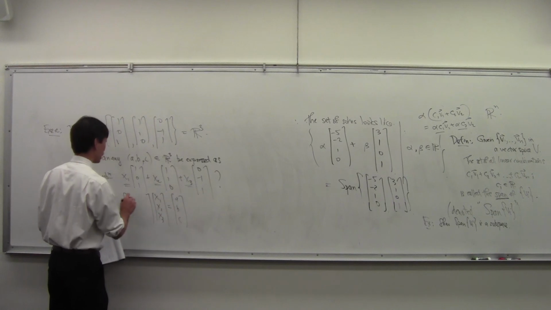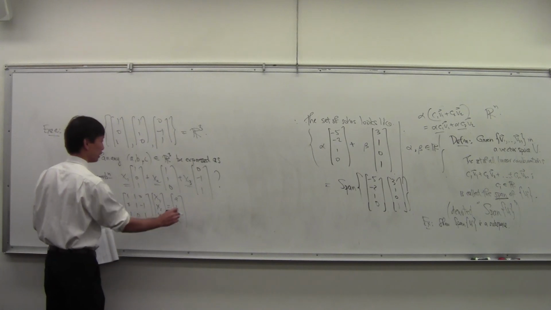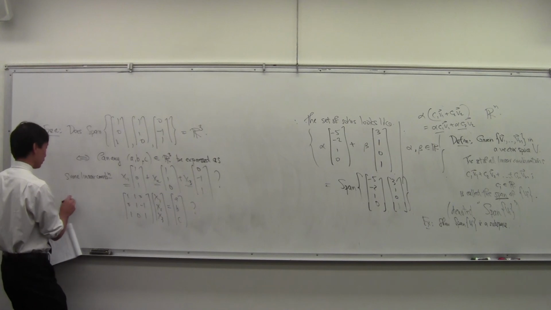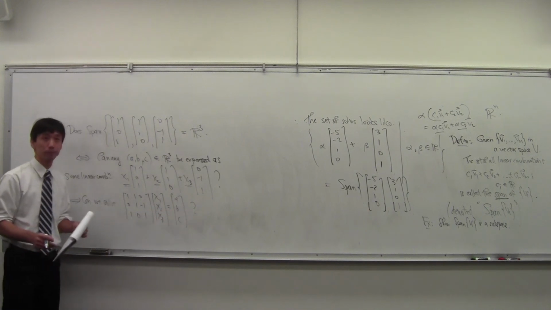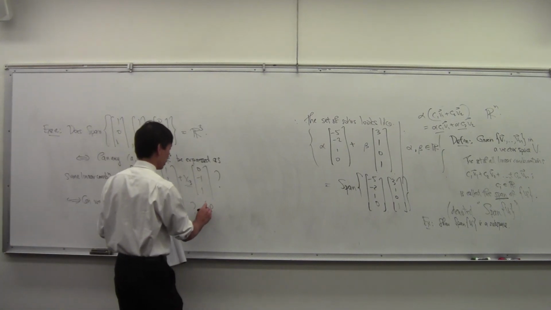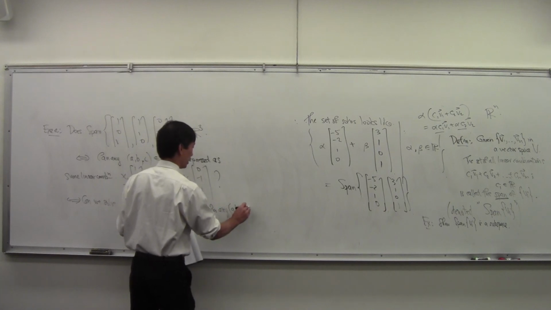So 1, 1, 0, 0, 1, 1, 0. The question is the same thing as, can we solve this for any ABC in R3?